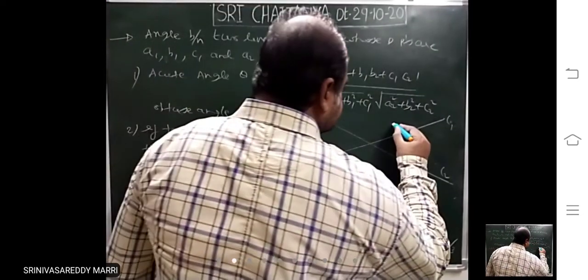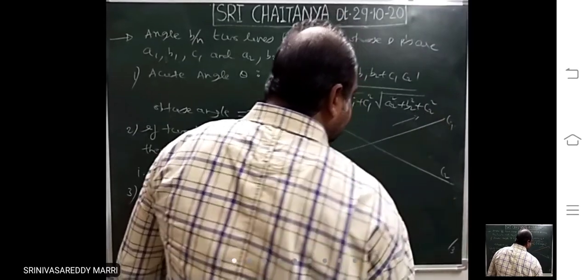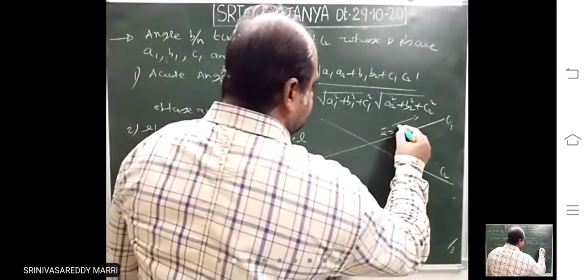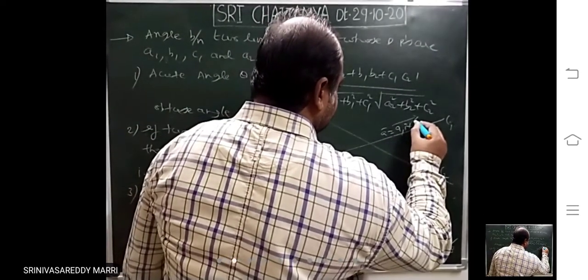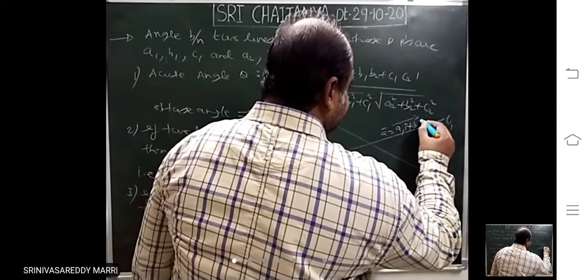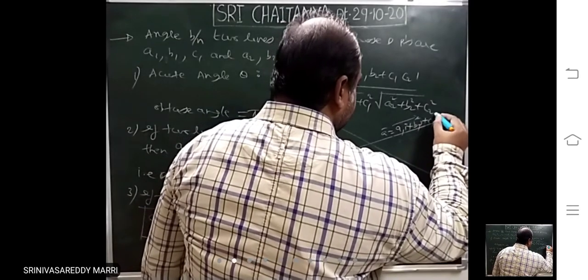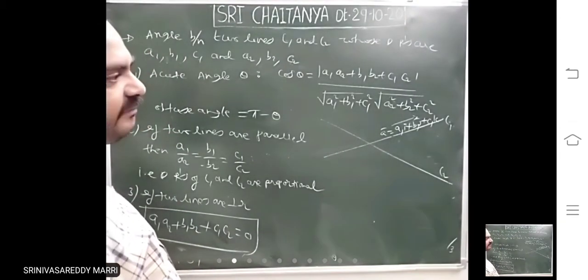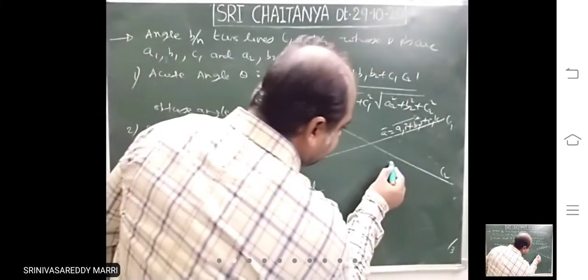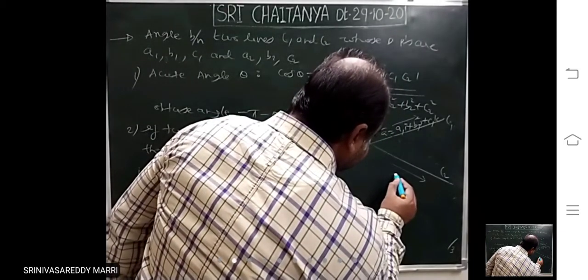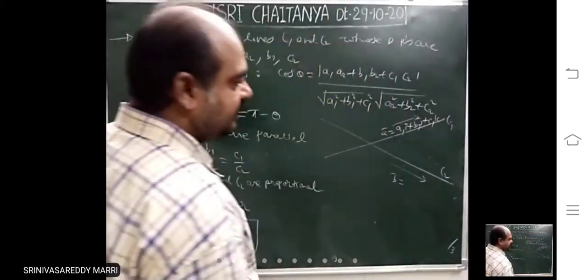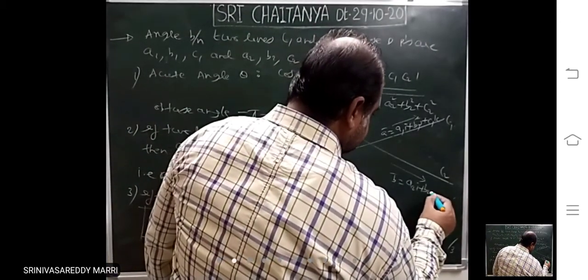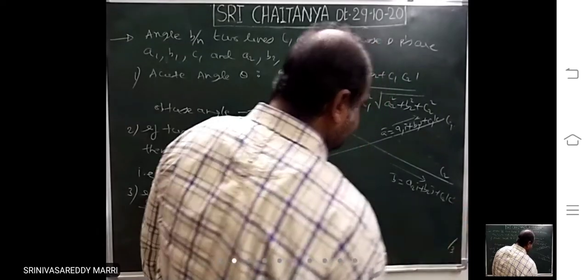They have DRs, which means the direction vector. The direction vector of L1 is A bar, which is A1 i plus B1 j plus C1 k. Since DRs are given, the direction vector of L2 is B bar, which is A2 i plus B2 j plus C2 k.